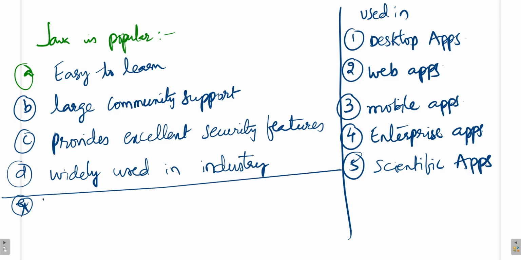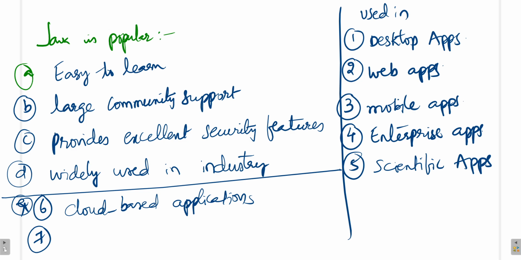Now Java can also be used in cloud-based applications. Right? So cloud applications, distributed system applications can be using this Java, right? The seventh one is Java has helped in developing big data tools. You might have heard about big data analysis, BDA.